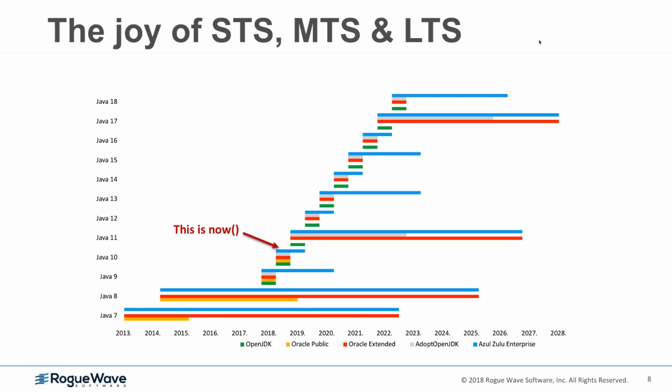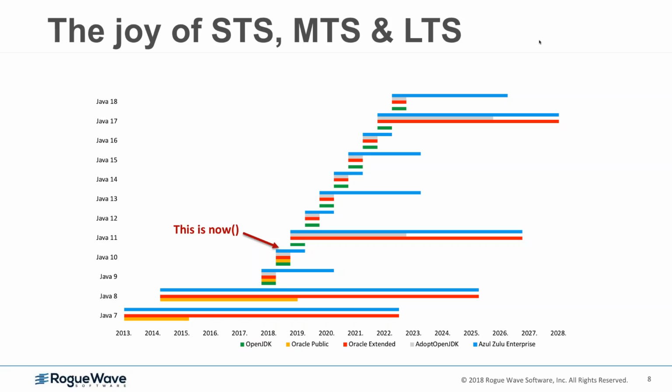You can see that after Java 10, starting with Java 11, you don't see the yellow anymore. And this is where there won't be any Oracle Public releases. So you need to have some sort of subscription from them.